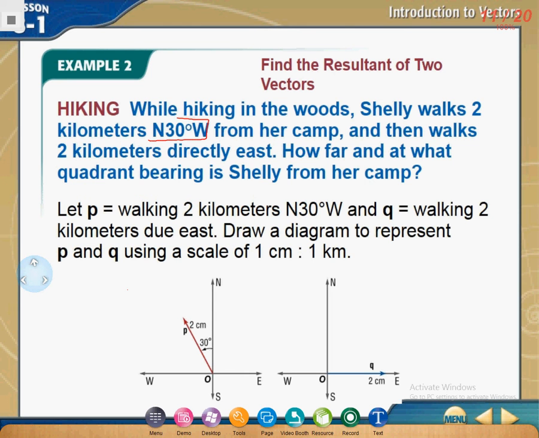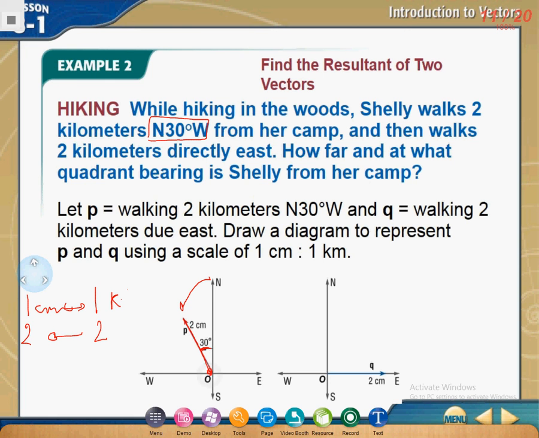West of north means we start from north and go 30 degrees west from north, 2 centimeters instead of 2 kilometers. This means that we put a scale: each 1 centimeter is 1 kilometer. So if I have 2 kilometers, how many centimeters? Yes, exactly 2. So the length here is 2 with 30 degrees.